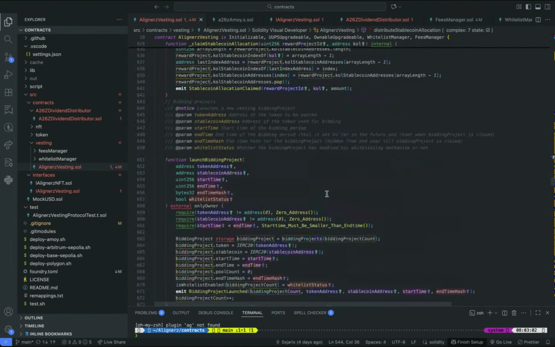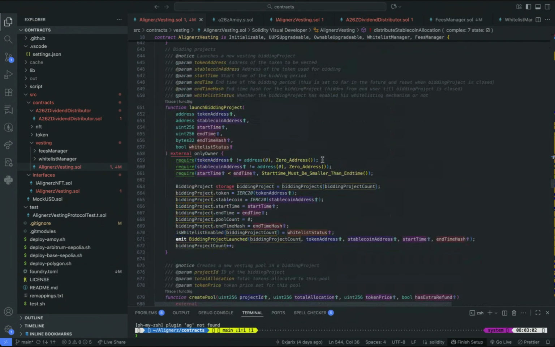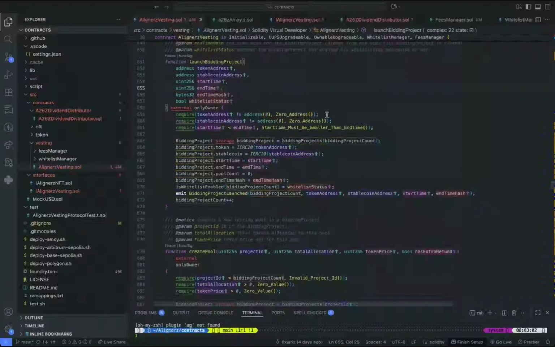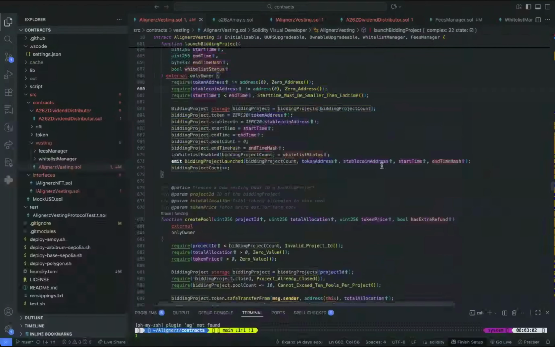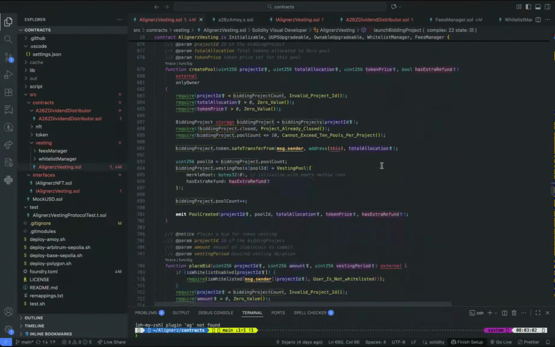Okay. And there's another type of project, as I said, it's the launch bidding project. So users will have the ability to bid for a pool of tokens.